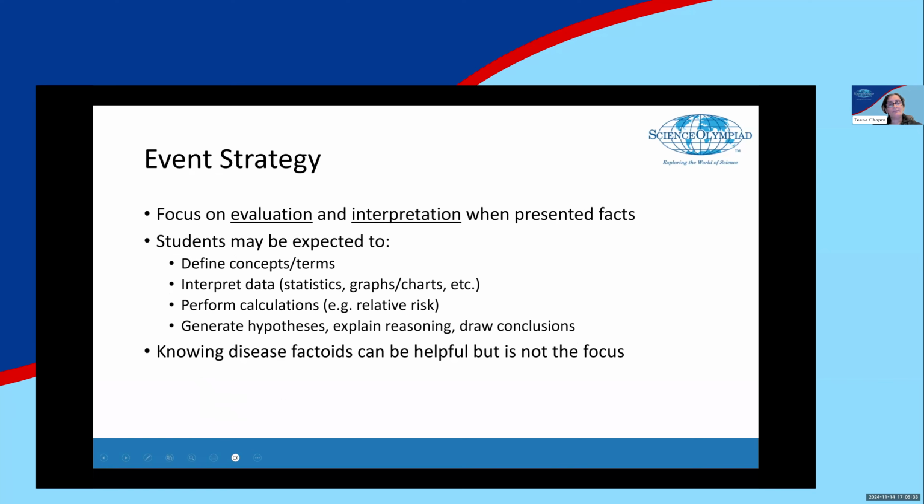It is going to look at your knowledge, evaluation, and interpretation. The students will have to learn to define various concepts. Like I said, examples: what is an epidemic? What is an endemic? What is a pandemic? You should be able to interpret data.